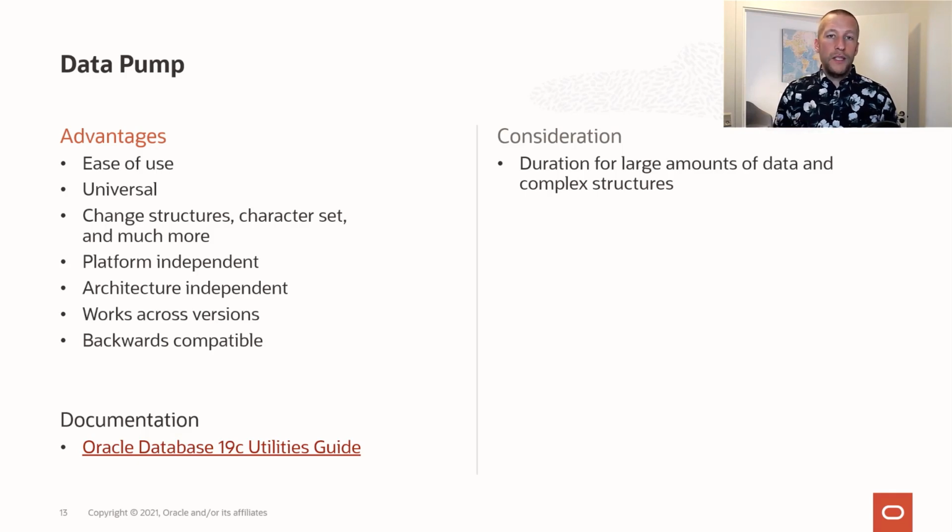Combined with its flexibility and the many capabilities, we often find Data Pump to be a good candidate. But the flip side to using Data Pump is that for large databases, it takes a while to do the export, import the data again, and rebuild indexes and so forth. But despite that, Data Pump is really a good tool.